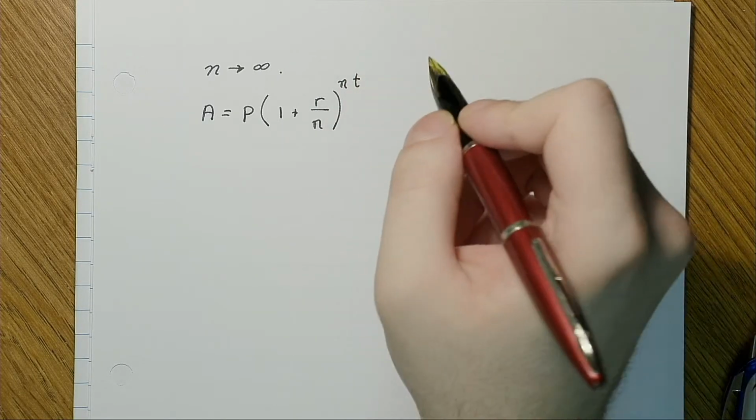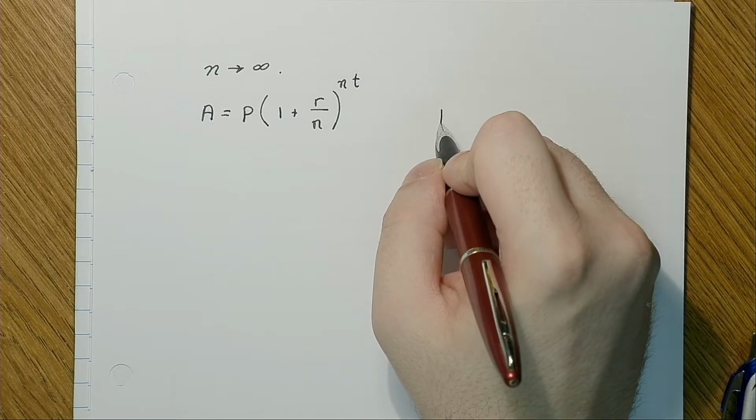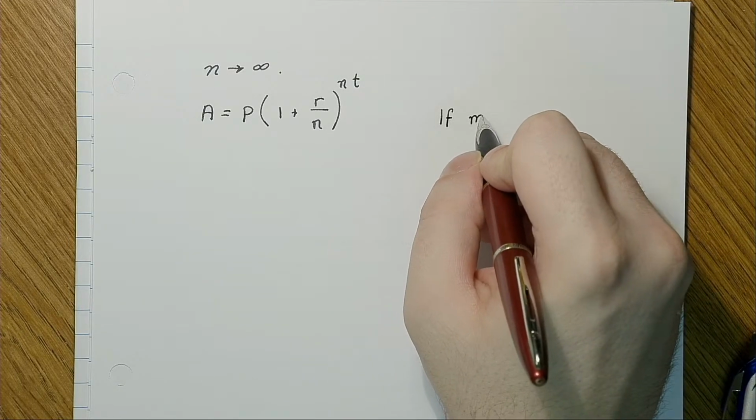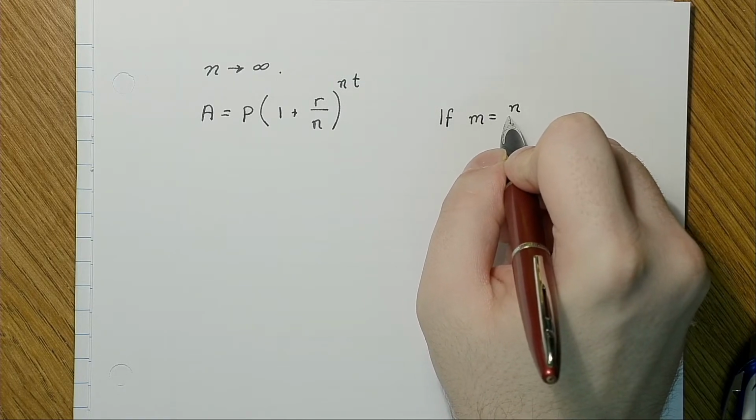And what's the next thing that I will do is I'm going to say, if we let, for instance, m equal n over r.